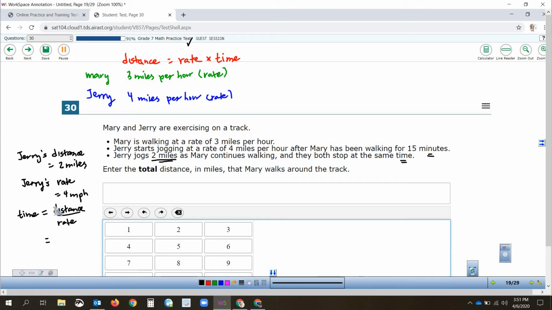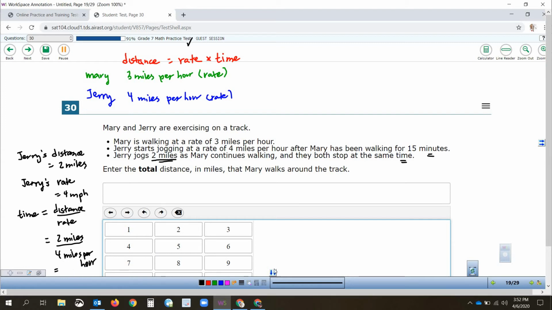So what was Jerry's distance? Jerry's distance was 2 miles. And what is Jerry's rate? 4 miles per hour. So 2 miles at 4 miles per hour, how long does it take him?